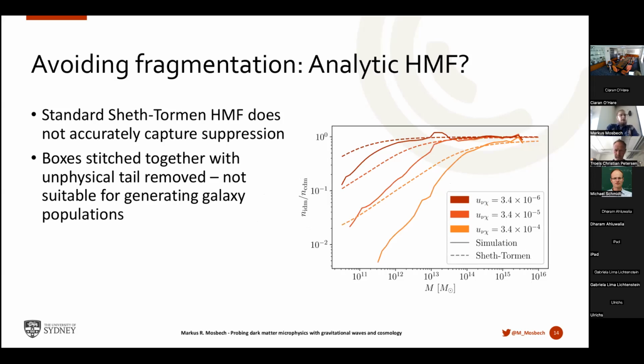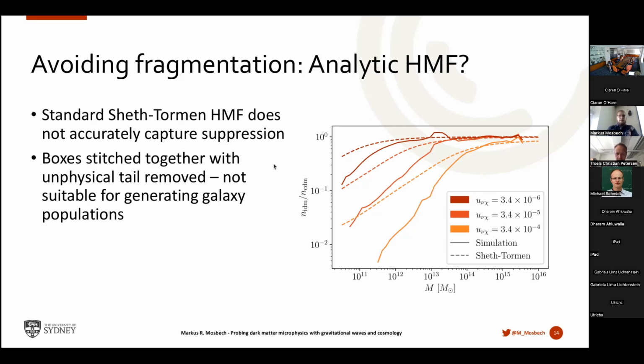As I mentioned, we need to avoid this, so we tried to find an analytical way of describing these halo mass functions. What you see here in simulation are our stitched together halo mass functions normalized to the cold dark matter one. We see a suppression, and if we just put this into the standard Sheth-Tormen formalism, which is a halo model that should be able to calculate our halo mass function from the linear power spectrum, we see that the slope doesn't quite match.